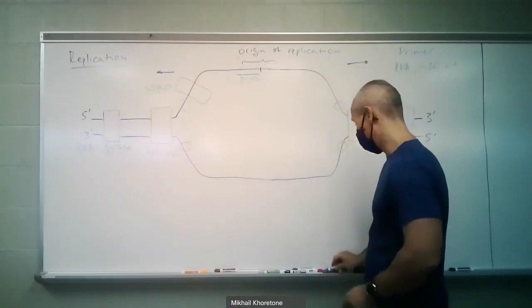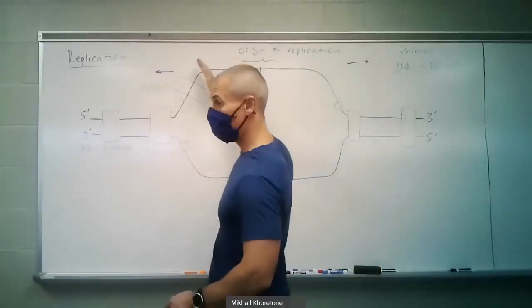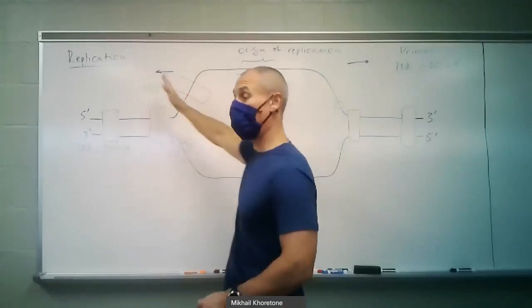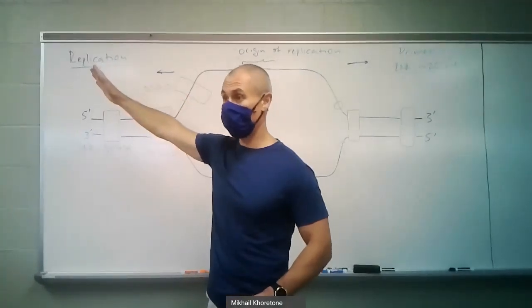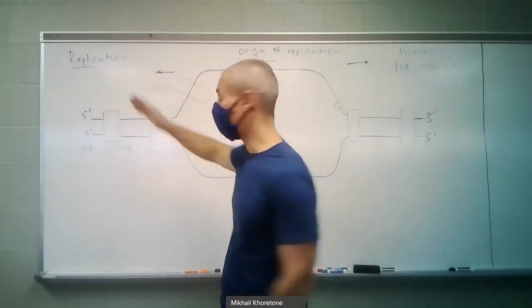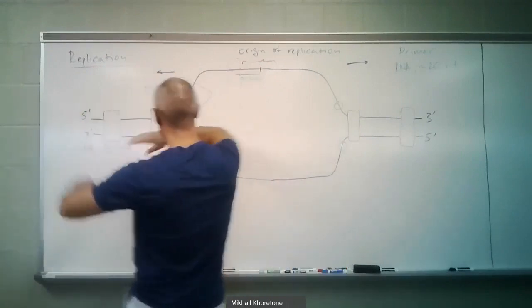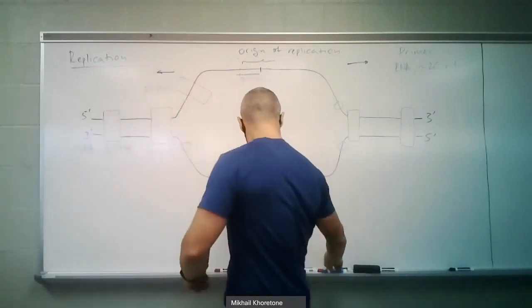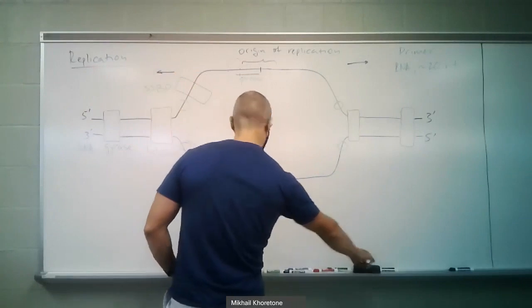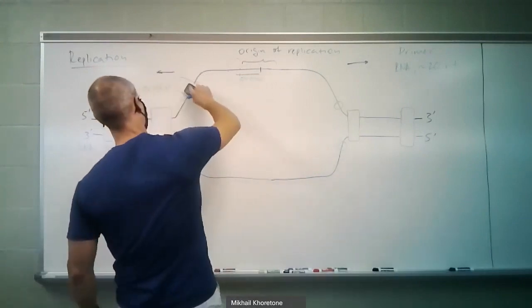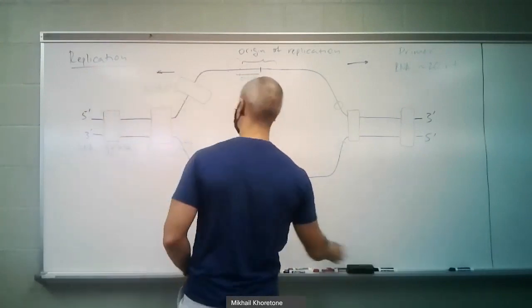And it is moving with the fork. You see what I'm saying? As the fork moves to the left, DNA polymerase moves to the left. Let's call it polymerase.